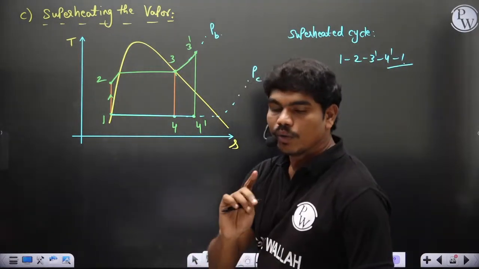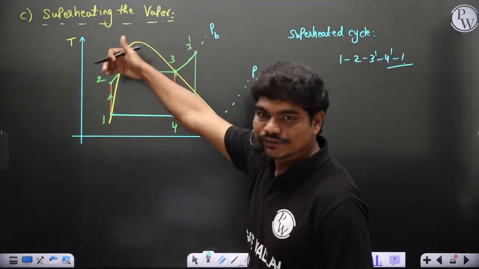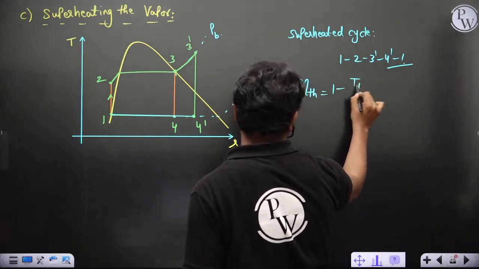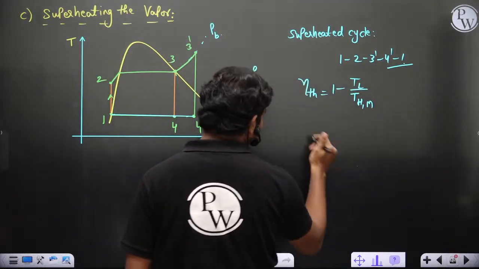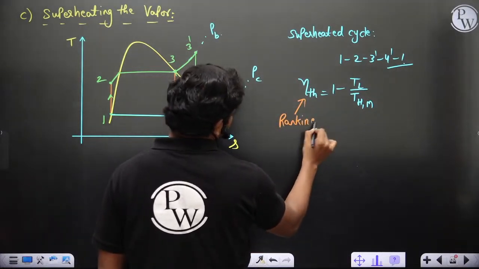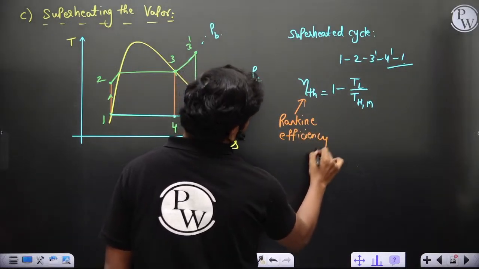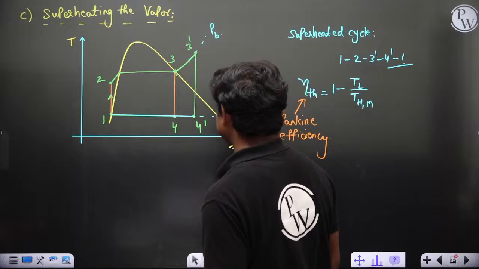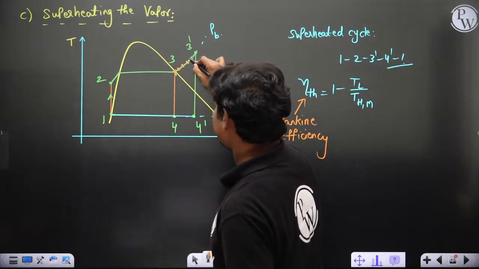Now one main advantage here is better efficiency, because thermal efficiency is equal to 1 minus TL by TH. This is sometimes called Rankine efficiency, or in general terms we call it thermal efficiency. Because of this extra heat addition 3 to 3 dash, all these points are getting heat supply at a higher temperature.